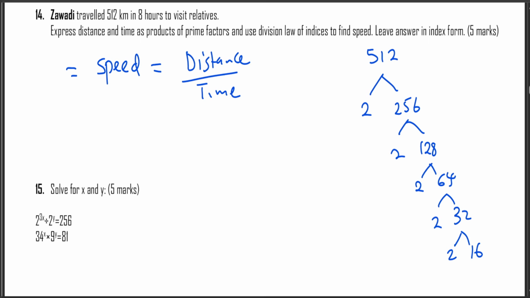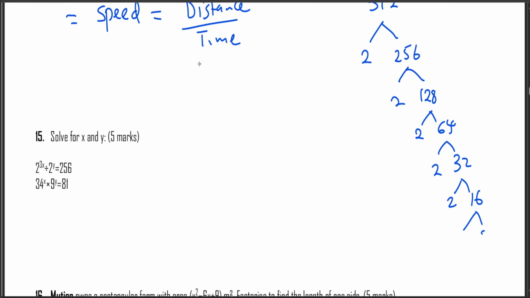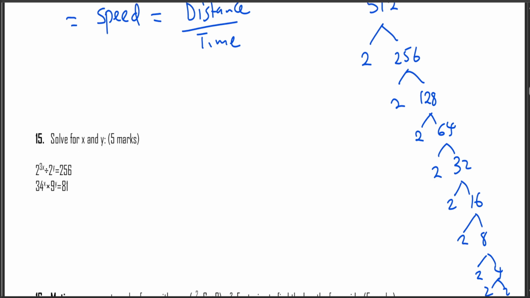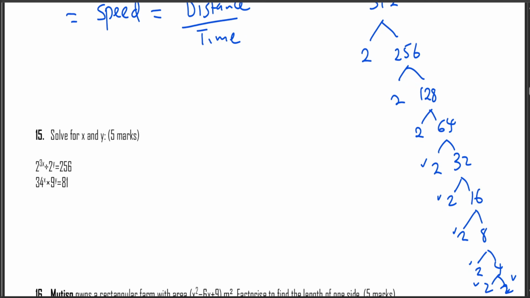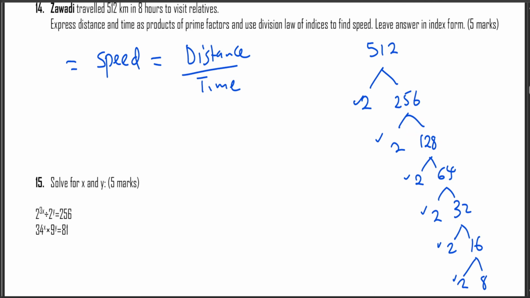Divide by 2, 8. Divide by 2, 4. Divide by 2, 2 and 2. So how many 2s did it give us? 1, 2, 3, 4, 5, 6, 7, 8, 9. So that is 9. So 512 can be written as 2 to the power of 9.